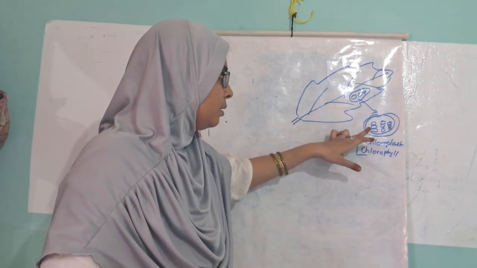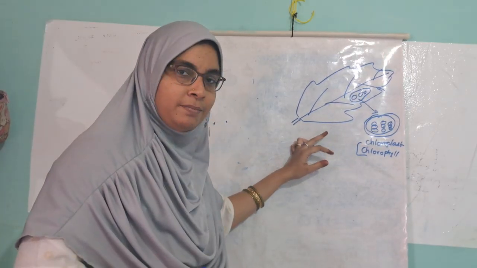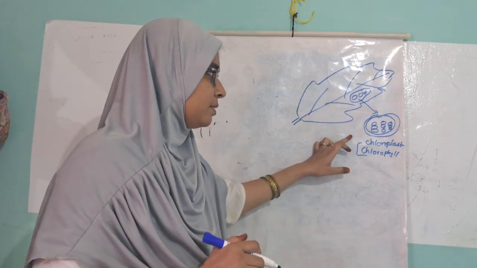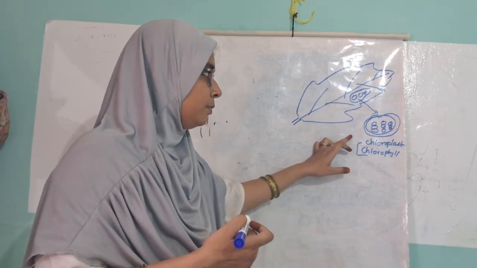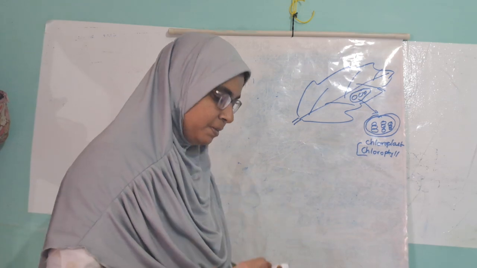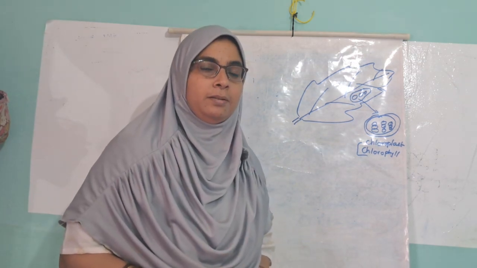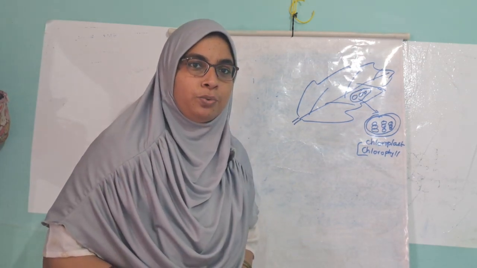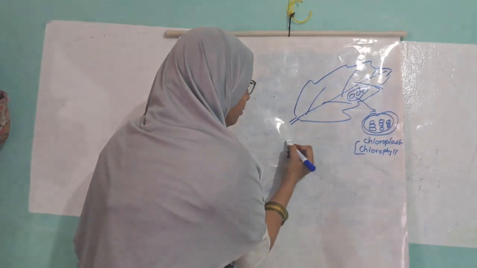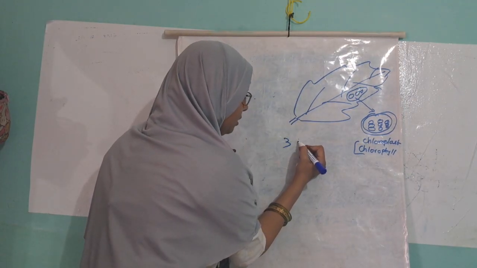This is the chloroplast. That green color pigment helps in preparing the food material. How does it prepare food? By using only three things.